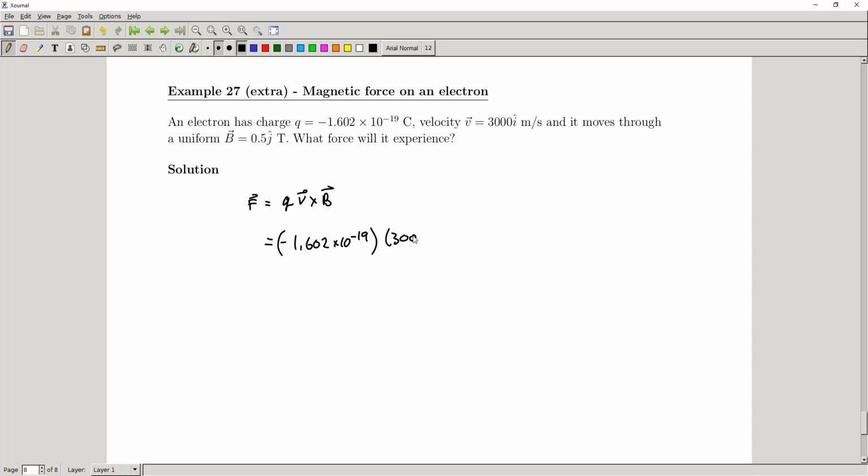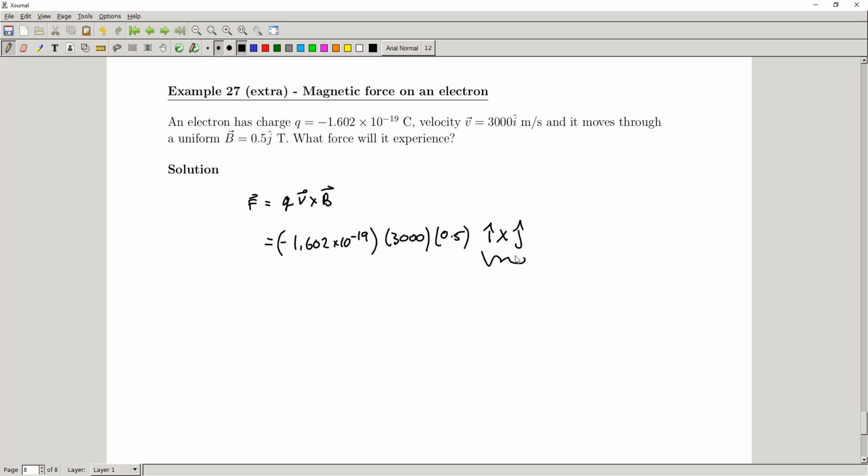We can pull out the magnitude of V. That's going to be 3,000 meters per second. I'm going to pull out the magnitude of B. That's 0.5. And then we're left over with this cross product. Our V points in the i hat direction, cross our B that points in the j hat direction. So we need to know what i cross j is.